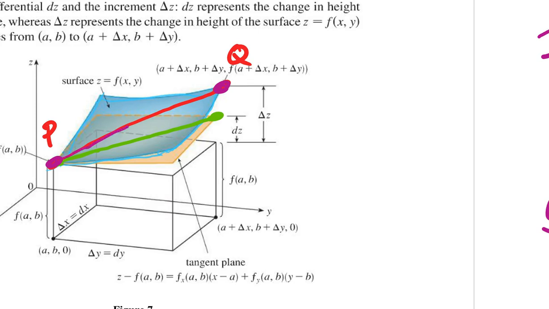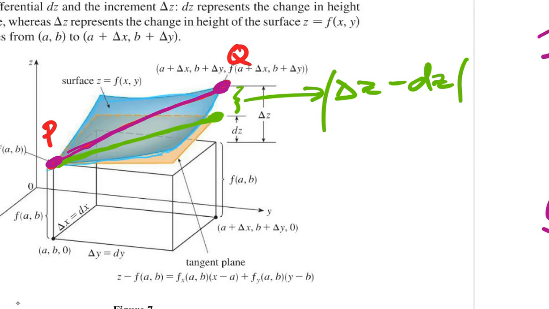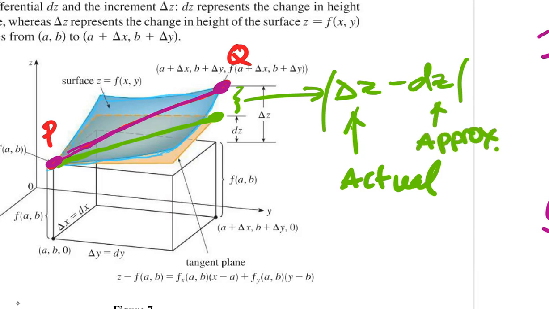So instead of calculating this red line here, I'm going to calculate using this green line here. And this change here is going to be the difference between delta z and dz, okay? So this is the actual, and this is the approximate. So what we're doing is the approximation of this.